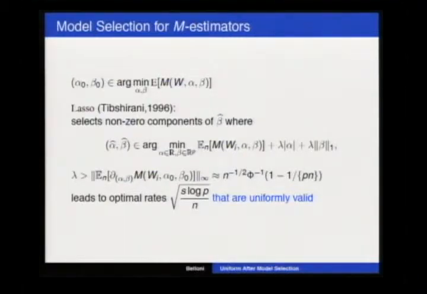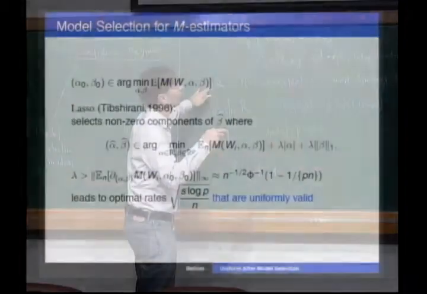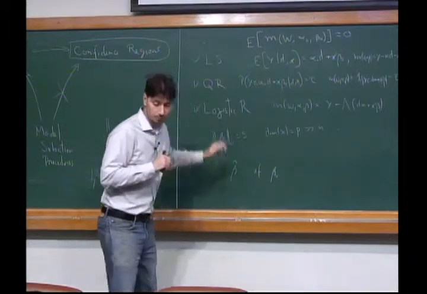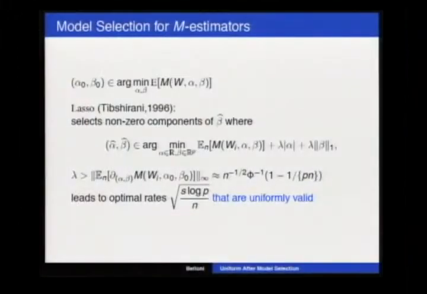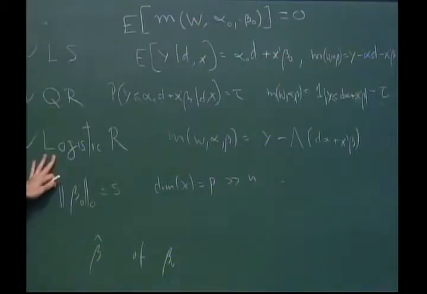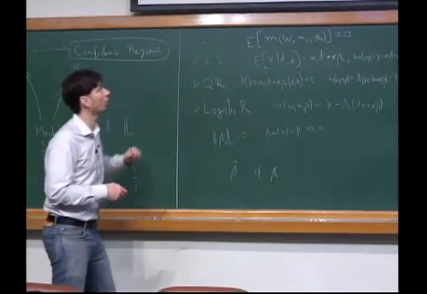For the first one, it would be least squares. For the quantile regression case, it would be the check function we discussed in class 2. For logistic regression, it would come from the log likelihood function.